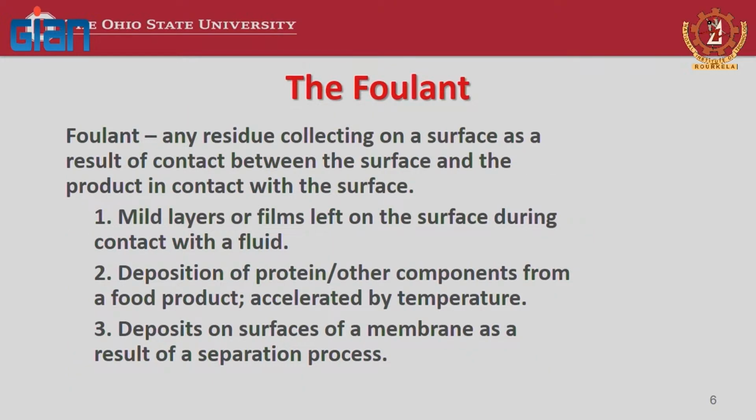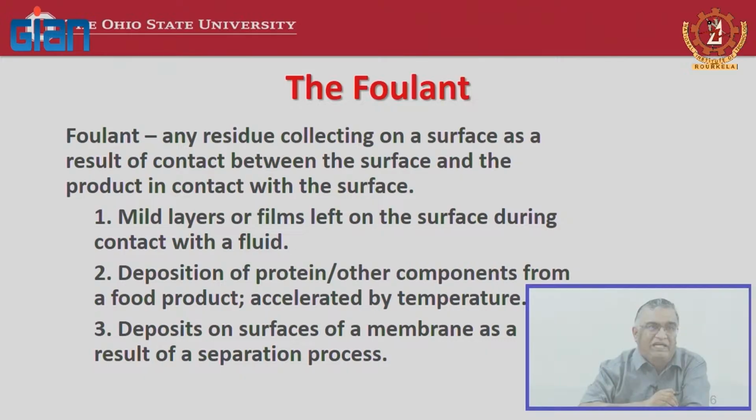The other thing when you deal with process equipment, we talked about this foulant. For example, when you are pasteurizing milk, you probably have some protein films deposited. So, this is a residue collecting on the surface as a result of contact between the surface and the product.